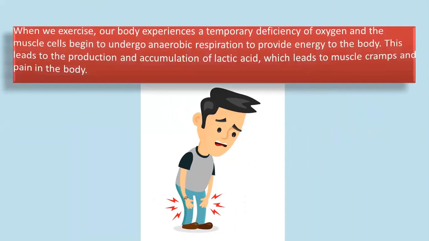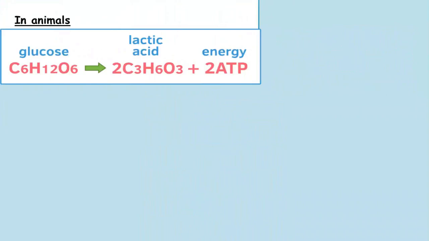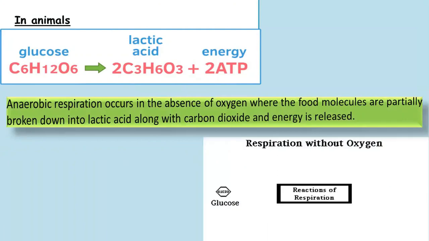And this leads to the production and accumulation of lactic acid, which leads to muscle cramps and pains in the body. Hence, we can say that anaerobic respiration occurs in the absence of oxygen, where the food molecules are partially broken down into lactic acid along with carbon dioxide, and energy is released.